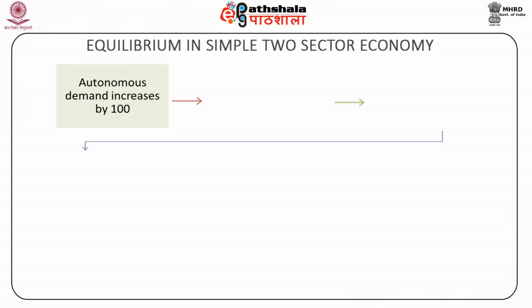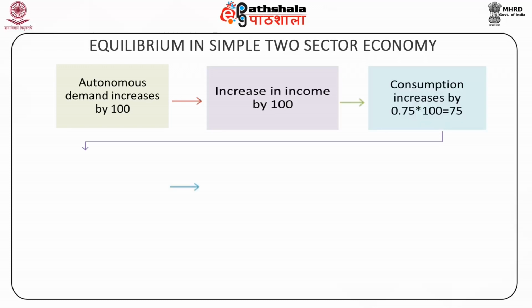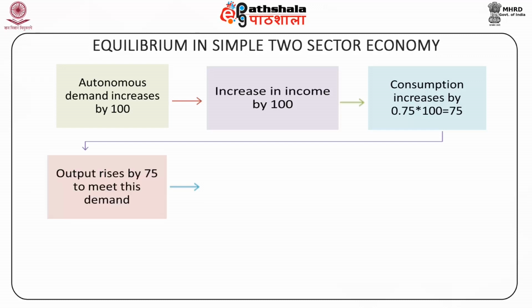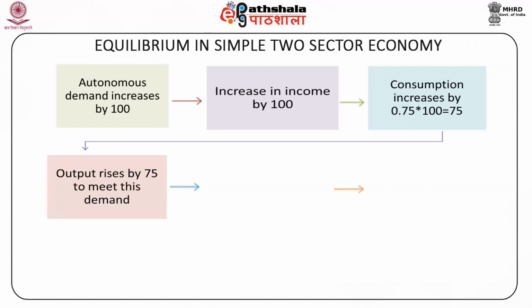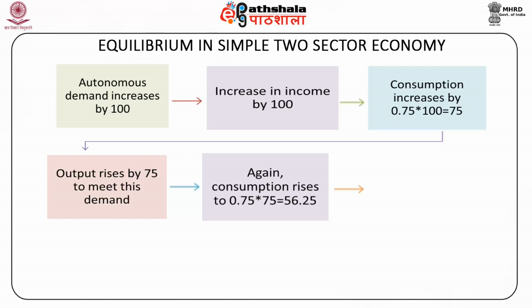In the next round, the increase in income of 75 results in increase in consumption of 56.25, which is 0.75 multiplied by 75. Output and income will go up by this amount in response to this rise in demand. This process will continue and it will look like a geometric progression.